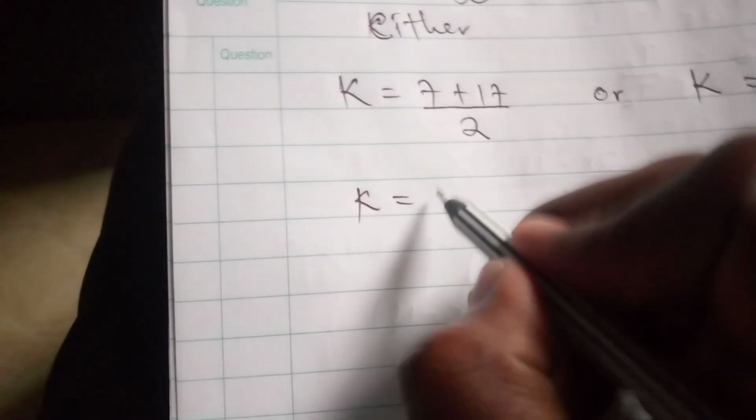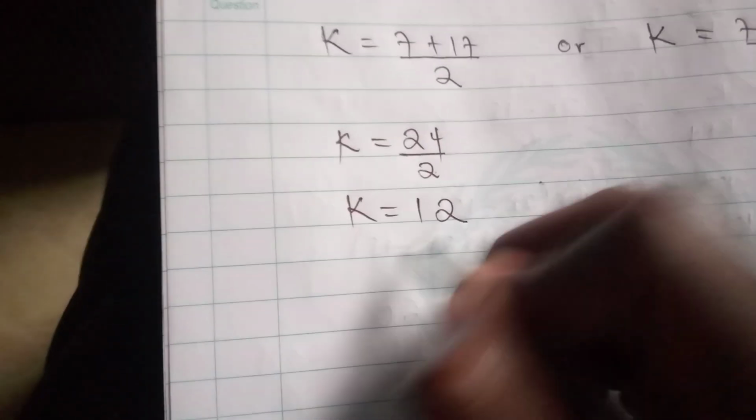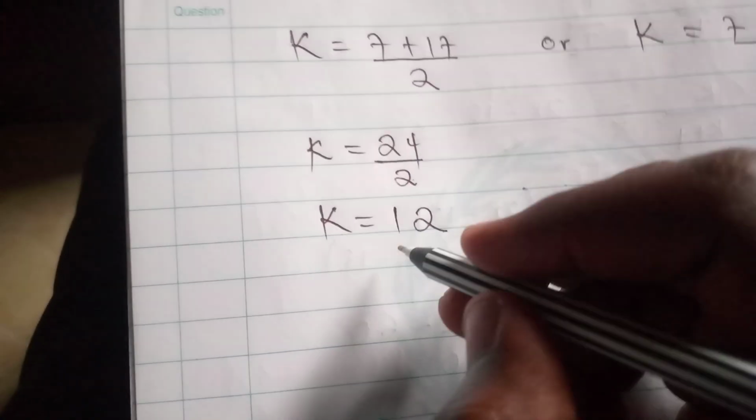So when you simplify, here that is 24 over 2. So k is equal to 12.